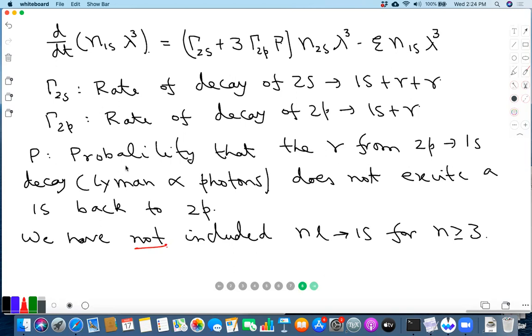So basically, as I said, once the photon is emitted, its energy starts reducing, and the reduction is mainly because of the redshift. If the energy falls below the energy of the Lyman alpha photon, then it simply cannot excite anything back. It doesn't contribute to turning 1s into something else.